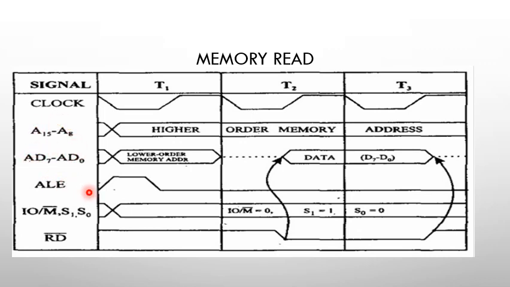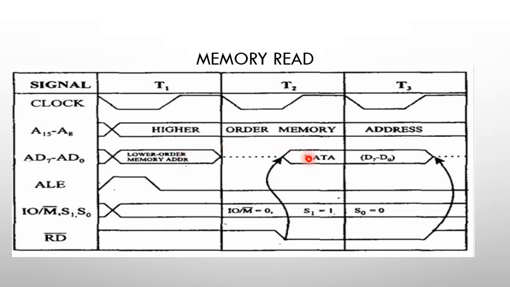In order to know the address, as I have told, during the first clock cycle the ALE signal goes high during the first half of the first clock cycle. As soon as the ALE signal goes high, the lower order address is fetched. After fetching the lower order address, the higher order address comes from the dedicated higher order address bus. So the address is completely obtained through the higher and lower order address bus. That happens in the first clock cycle.